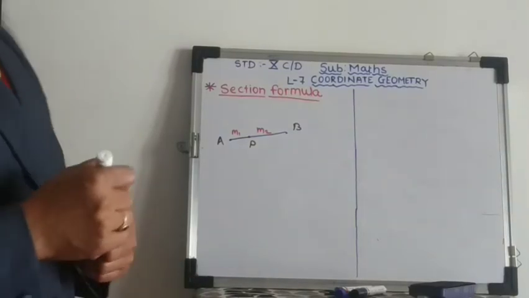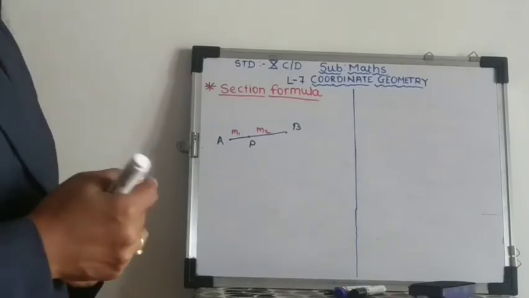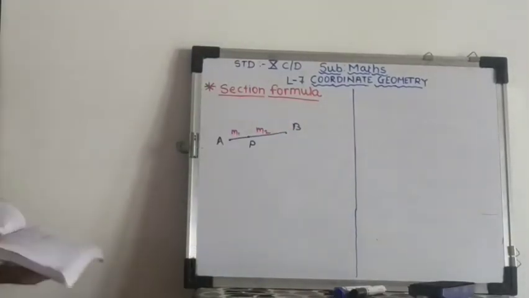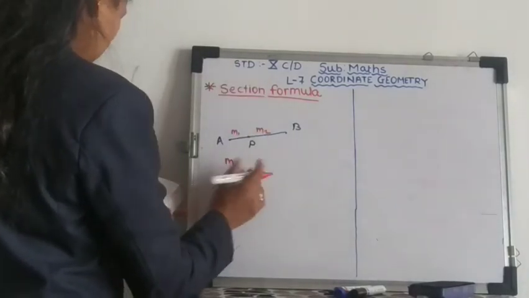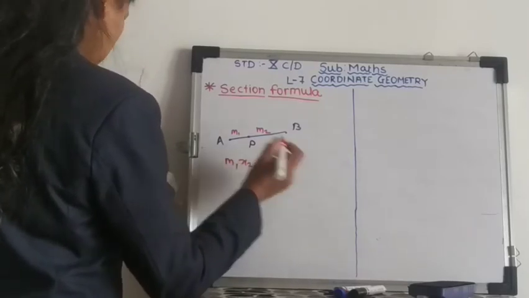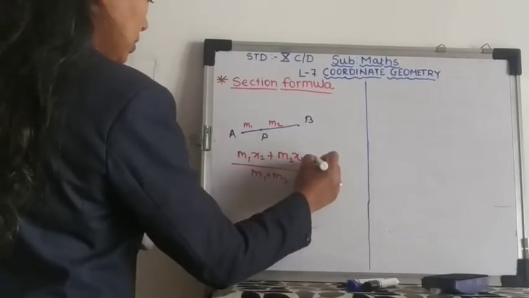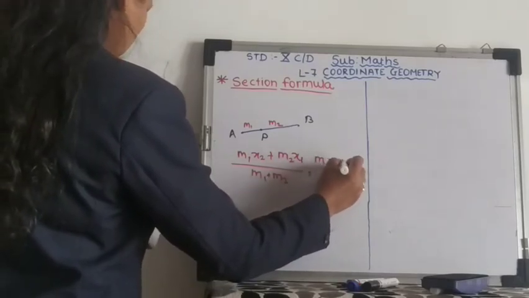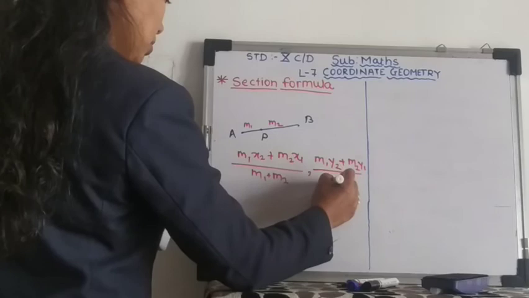Let us write it. x equals M1 x2 plus M2 x1 upon M1 plus M2. Similarly for the y coordinate, M1 y2 plus M2 y1 upon M1 plus M2.